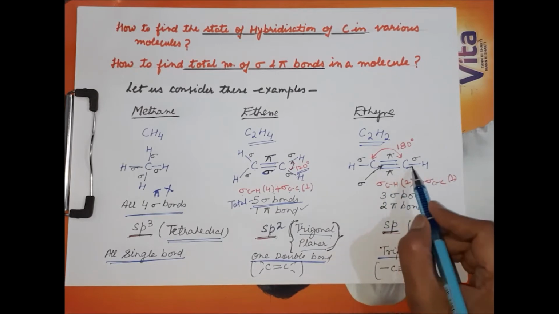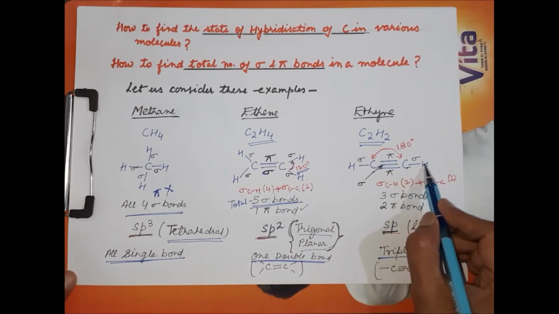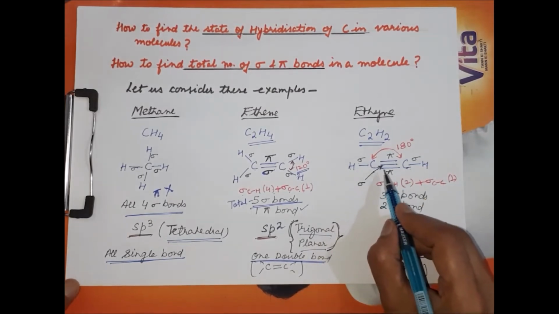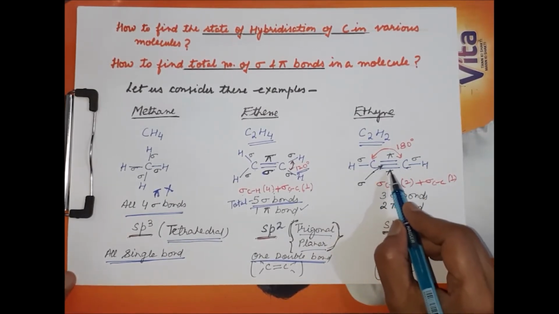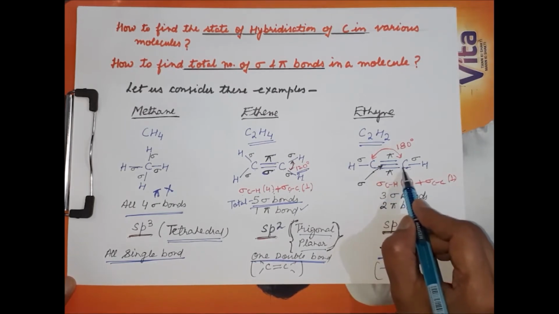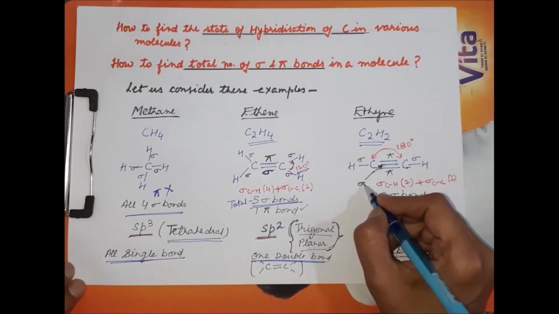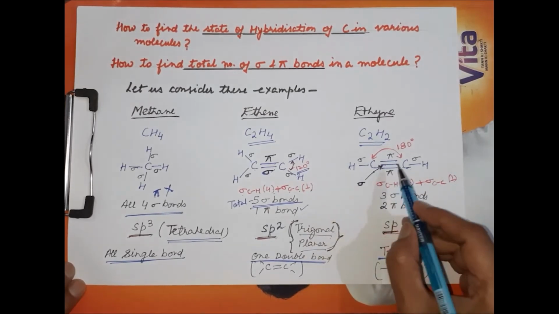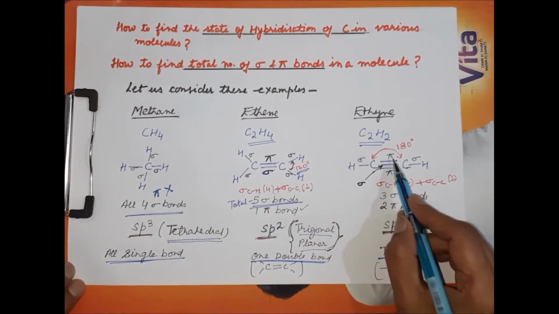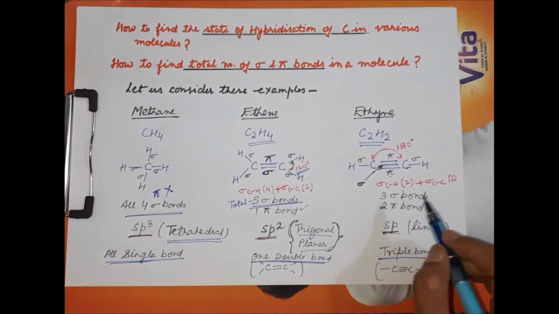We can see this C-H will be a sigma bond, same here, C-H sigma bond. And in this triple bond, the central middle one between the 2 carbon atoms will be the sigma bond, and the bonds above and below, both these will be pi bonds.